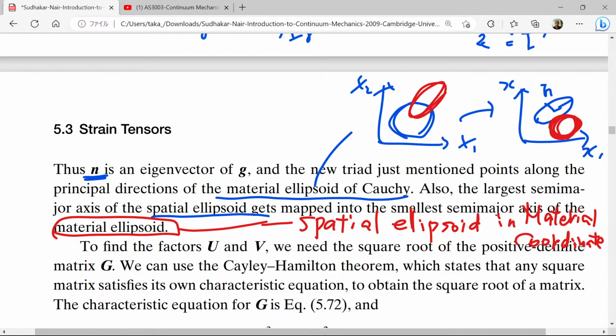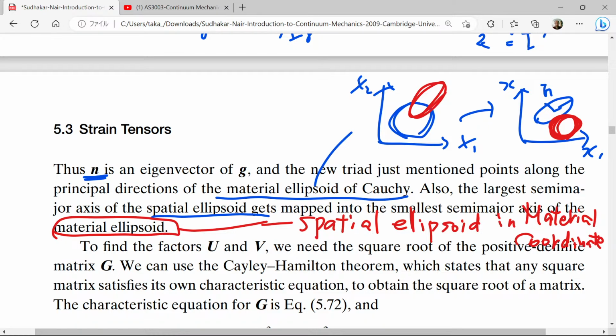So strange. The spatial ellipsoid gets mapped into the smallest semi-major axis of the spatial ellipsoid in material coordinate.